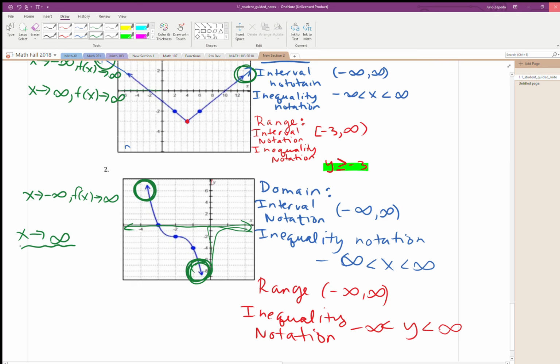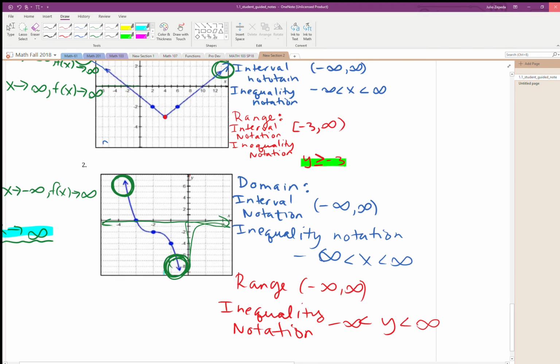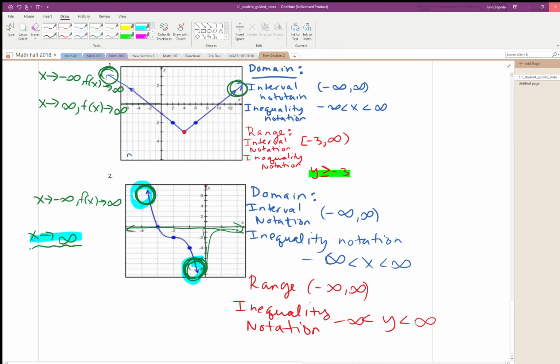Because remember this part just means the right endpoint. So as we're going to the right, my function is going now to negative infinity. And that would be my end behavior for the graph.